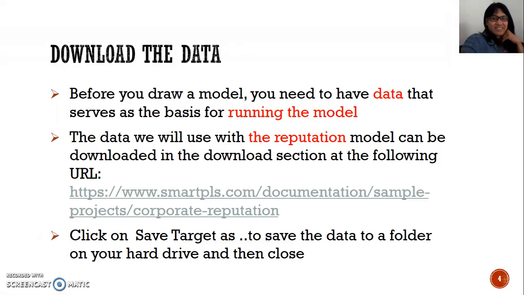Now we have downloaded the software onto your computer. What we need next is to download the data. We need data that serves as the basis for running the model. The data we will use is a corporate reputation model that can be downloaded in the download section at the following address. Click on save target, name it as you want, save the data to a folder on your hard drive, and then close it.